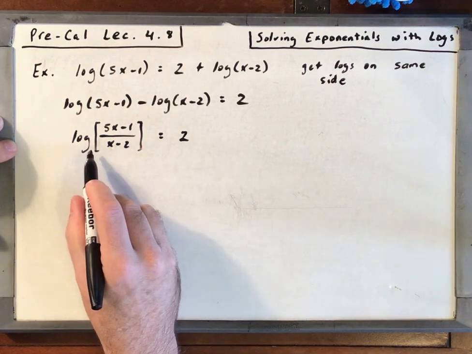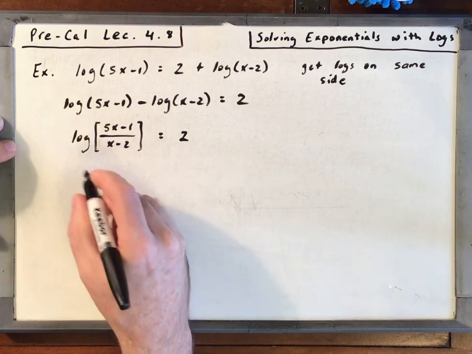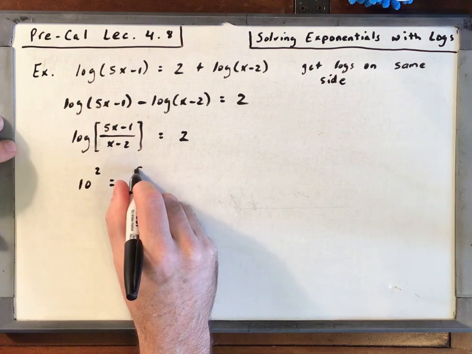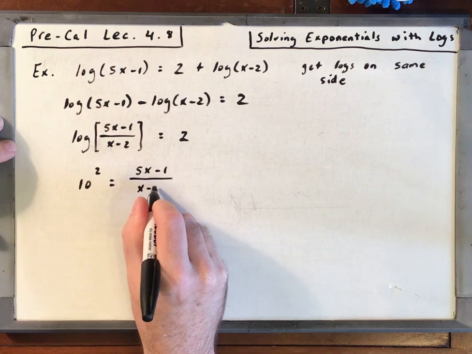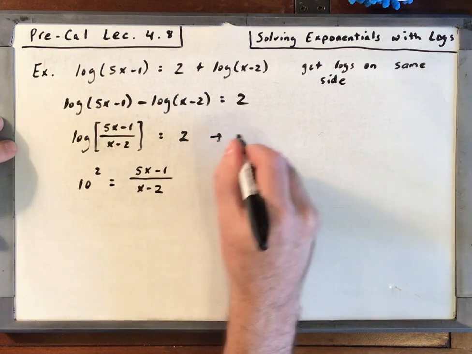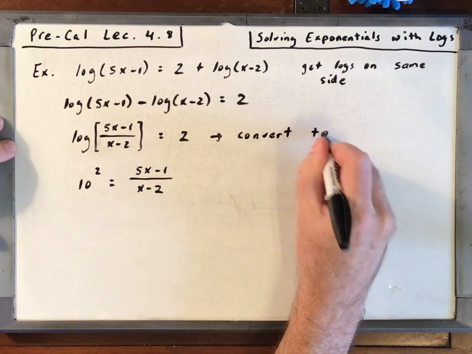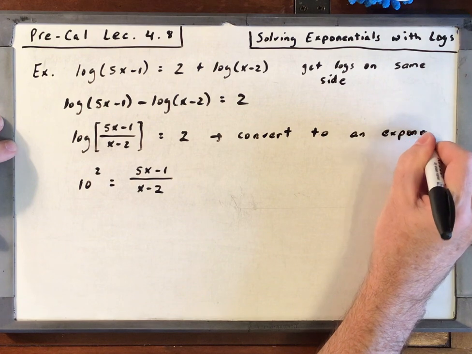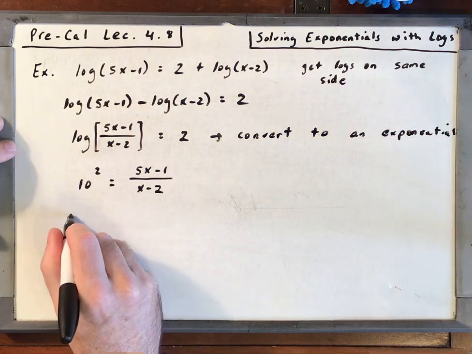Now I'm going to convert this to exponential. Log is base 10, so I've got 10 squared equals 5x minus 1 over x minus 2. After that, it's easy. What's 10 squared? It's 100.